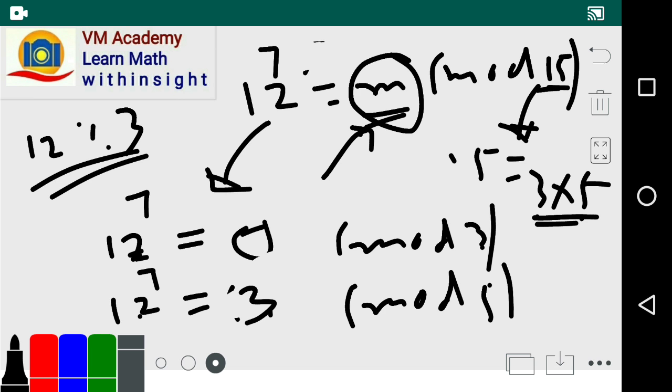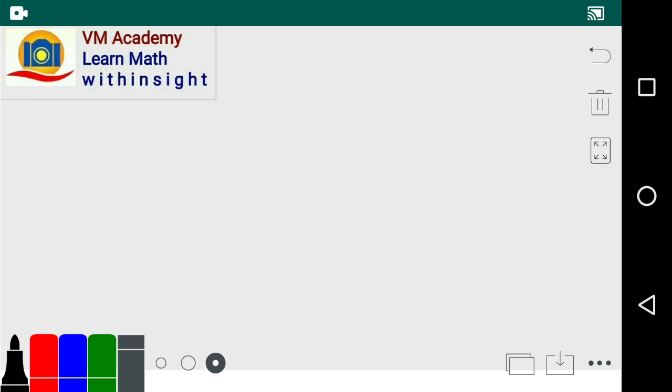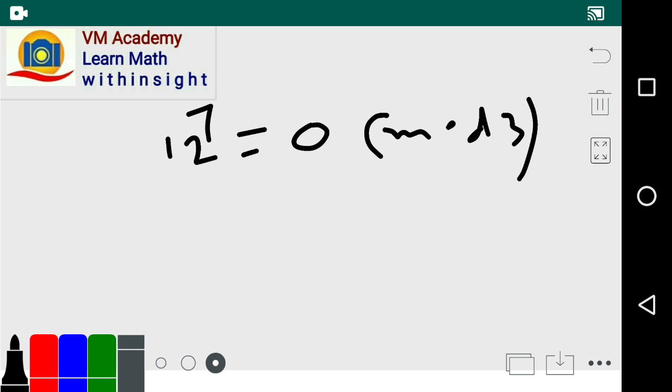So friends, 12 raised to 7 divided by 3 gives remainder 0, that is 0 modulo 3, and 12 raised to 7 divided by 5 gives remainder 3, friends.